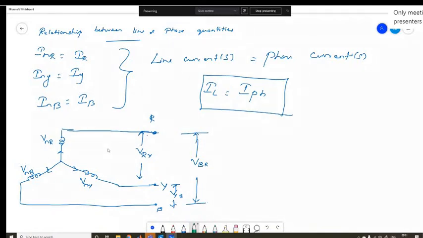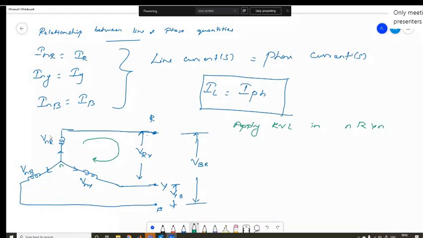Now let us apply KVL in this particular loop. Let's say this is N, so this is R and then Y and then N. Let us apply the KVL in this loop N, R, Y, N. You can travel along the direction of the loop current that we have taken.